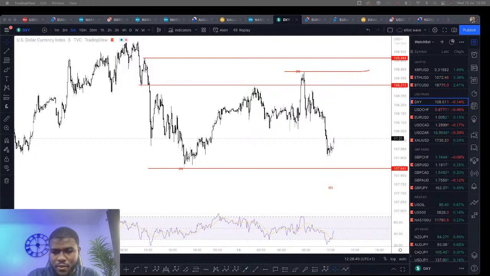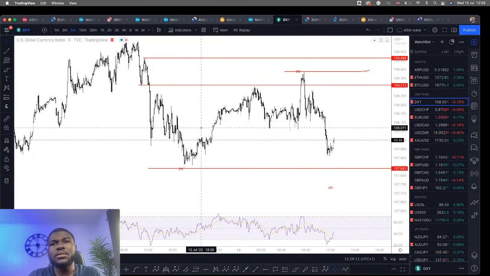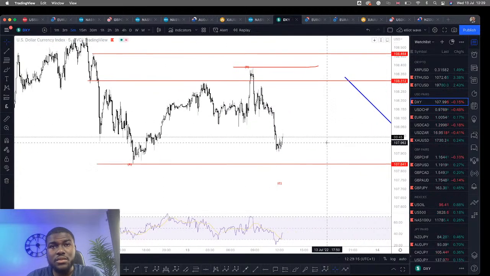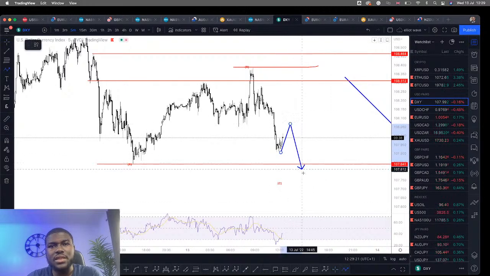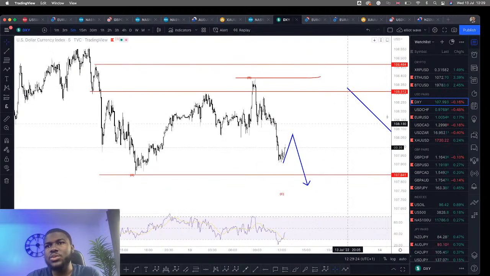So DXY sell is still in place, but what we are seeing is just a bit of retracement, which will be followed by a push to the downside, definitely. So that's that for DXY.